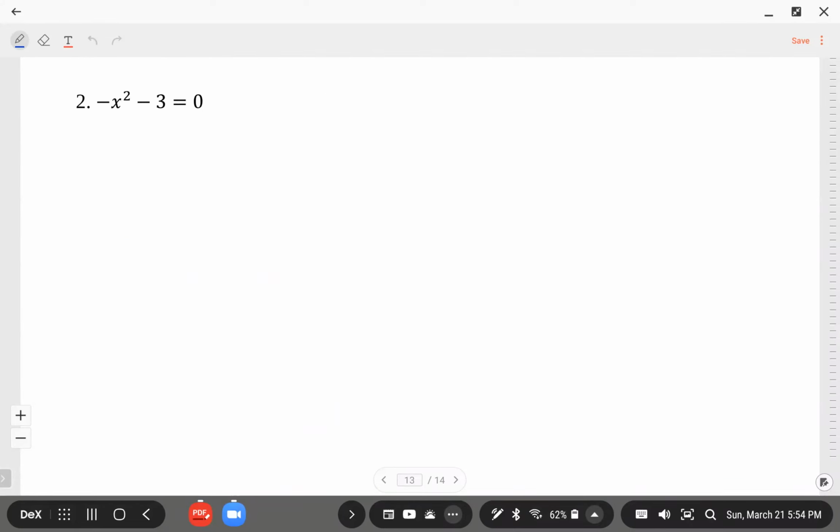So, number 2. Solve this with the square root method, or you can solve this by graphing. Either way, you'll get the correct answer.